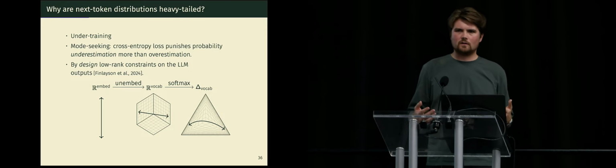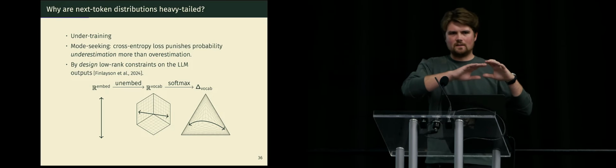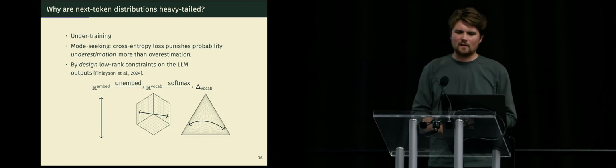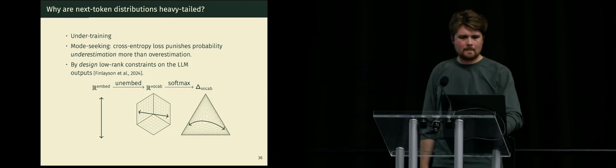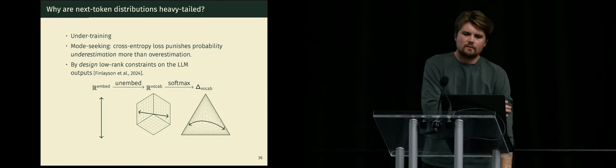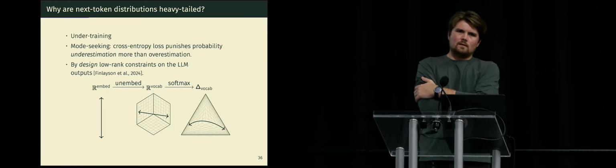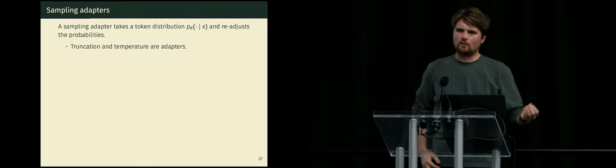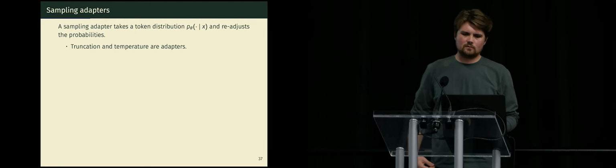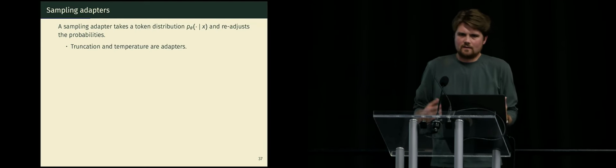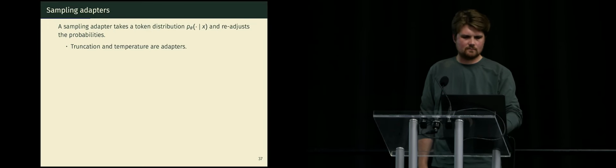So the model does better during training if it covers all the tokens that might come next, even if they won't actually. Another explanation, which comes from my own research, is that the model architecture itself puts constraints on what the model can output. These constraints can cause misalignment in the model's output distribution, just because it can't express the correct distribution.